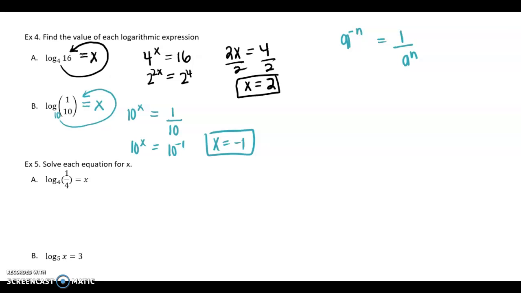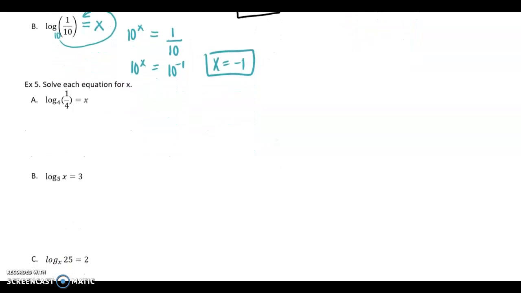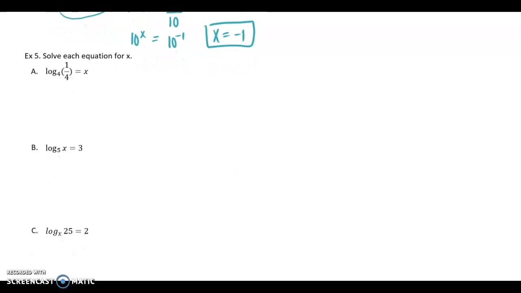All right, we're going to continue to snail stuff to solve. So 4 to the x is equal to 1/4. Well, we could do the same thing. So 1 over 4, we could rewrite that as 4 to the negative 1.